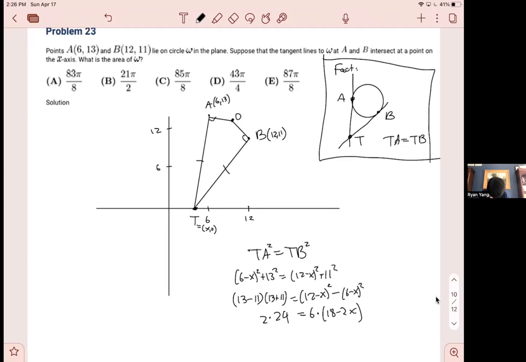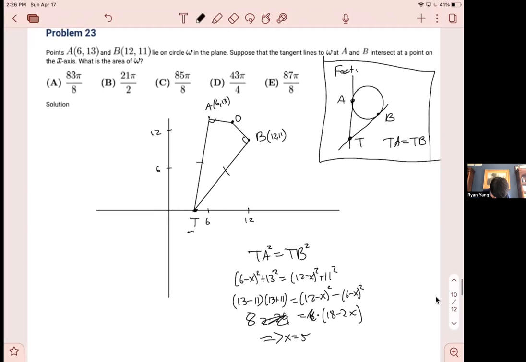And then canceling, this gives us that 18 minus 2x is equal to 8. So x equals 5. So we can write this more simply now: T is the point (5, 0). And now all we have to do is find the radius of omega, and then we'll get the area.